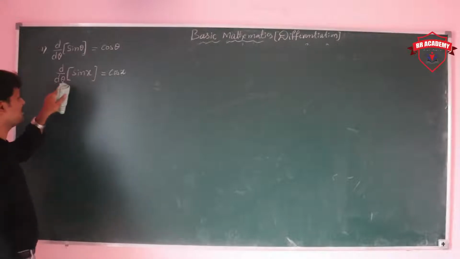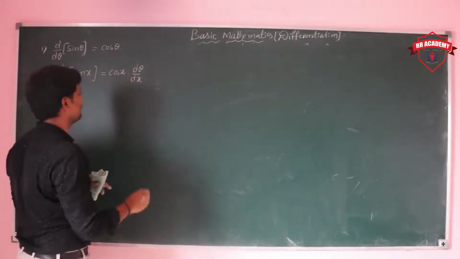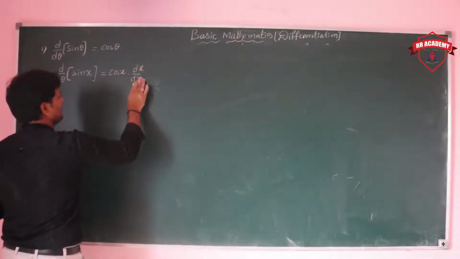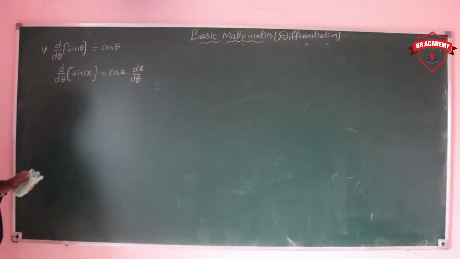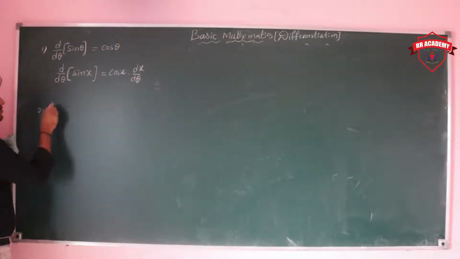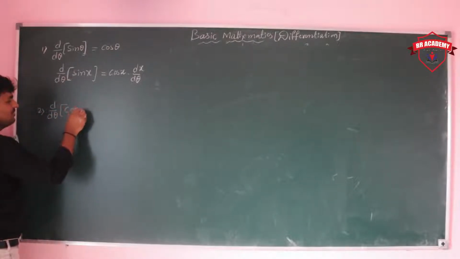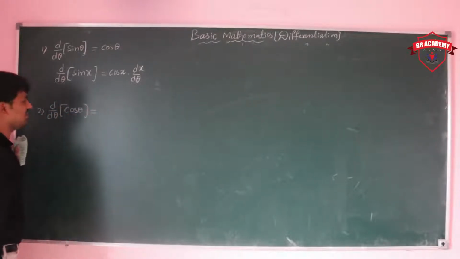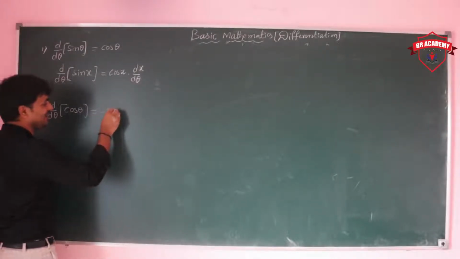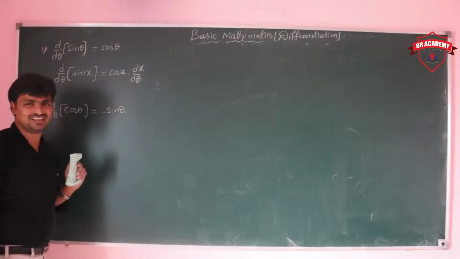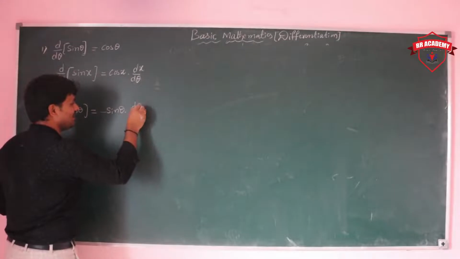And differentiation of x with respect to theta, dx by d theta. And second, very simple, d by d theta of cos theta. Cos theta differentiation you get minus sine theta into d theta by d theta.